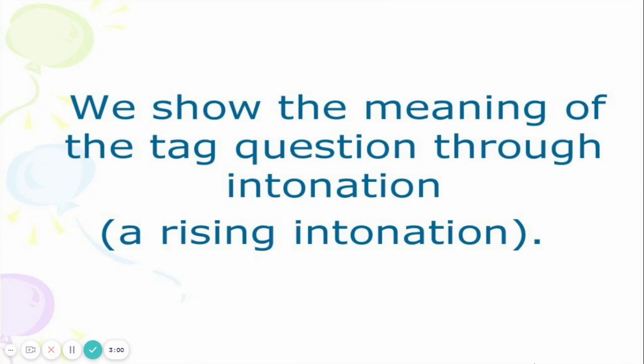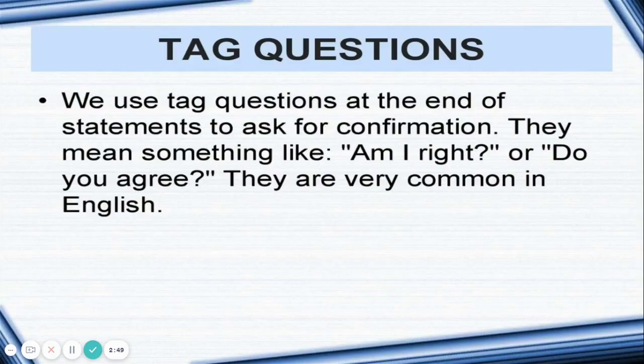But intonation, a rising intonation. Okay, there are different types of intonation. We can study it later from the pitch of a voice. Okay. Then we use a question tag at the end of the statement to ask for confirmation. They mean something like am I right, or do you agree? They are very common in English, isn't it?